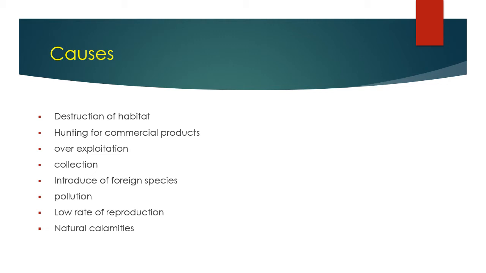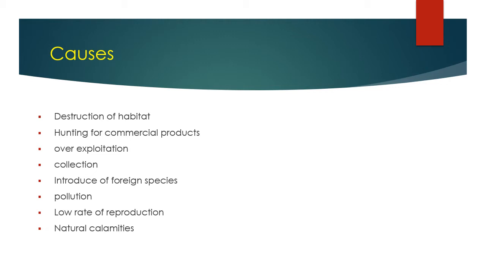First one is the destruction of habitat. The natural habitat of wildlife is destroyed by man for human settlement, agriculture, industrial purposes, mining, railways, highways, etc. Because of that, the species either die or are dislocated.